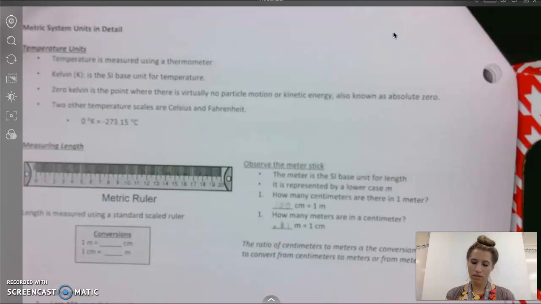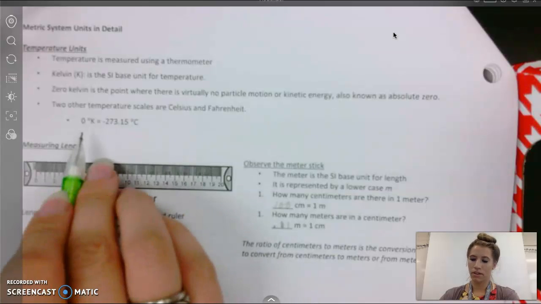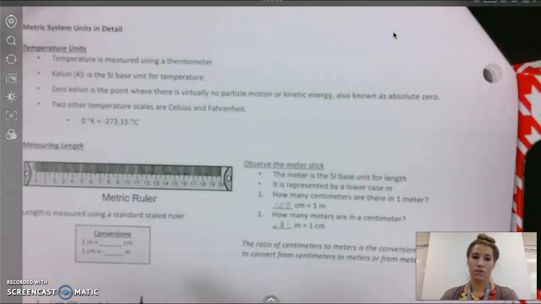Everything that's above 0 degrees Kelvin is vibrating and moving, and as we get it colder and colder, they slow down and slow down, and the point that they're no longer moving, that we've taken away that energy, that would be absolute zero, or 0 degrees Kelvin. This is equivalent to negative 273.15 degrees Celsius, so this is extremely cold.